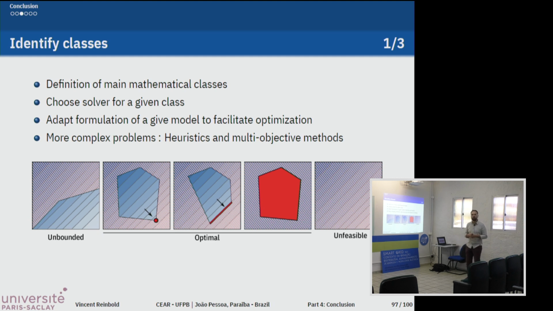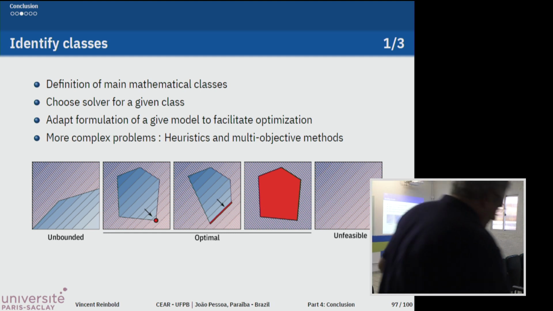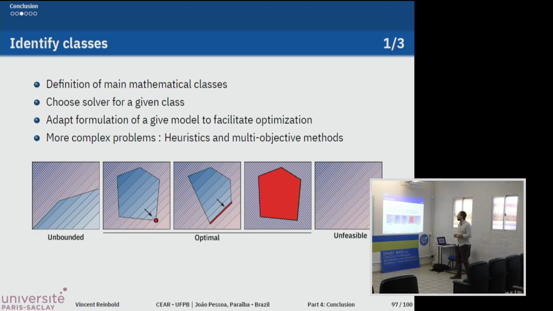And we saw how to model that, and we used it in one of the following examples. We also saw that for a more complex model, we can use heuristics or multi-objective methods, and I gave an introduction to them.